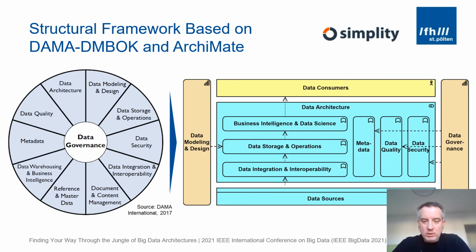Those are all functions that are expected to be provided by a data architecture. There's data sources, there's data consumers, and then there are additional capabilities also mentioned by DAMA, like data modeling and design, as well as data governance, which however are not necessarily components of a data architecture, but rather supporting capabilities. So this is the framework we're using.